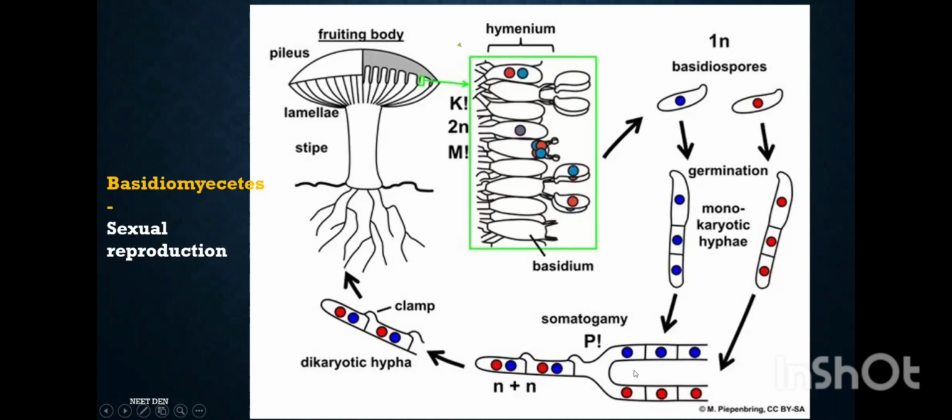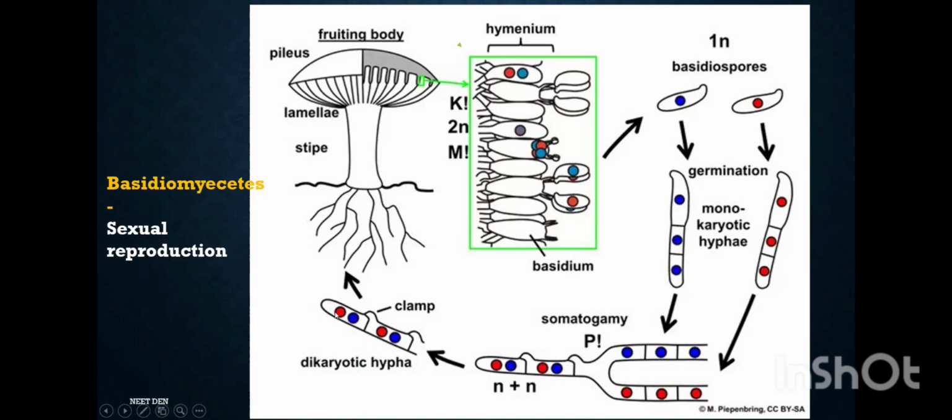Initially the cytoplasm or protoplasm fuses, that is plasmogamy, and they produce a cell which has 2 nuclei and remains in this stage for a long period of time. So this is called dikaryotic hyphae.